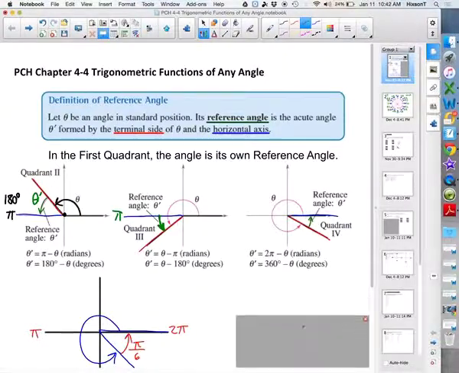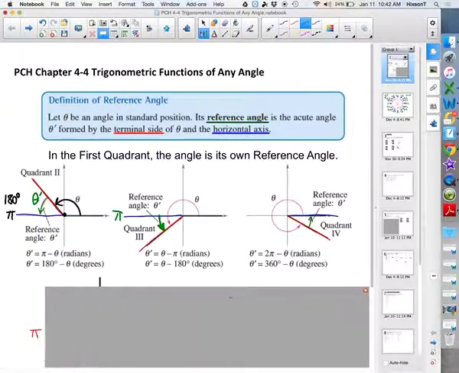And then we have our fourth quadrant. Notice we've gone past pi over 2, pi, even 3 pi over 2, and we're actually approaching 2 pi, the full circle.